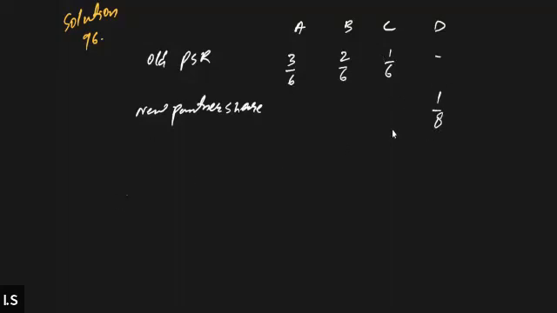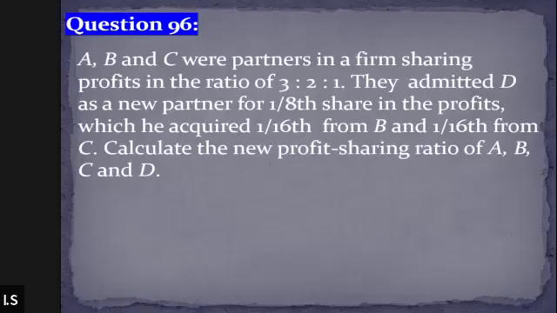Now the question also tells us that D will be acquiring this 1/8 share from B and C in the ratio of 1:1, 1/16 and 1/16. Everybody is able to see that? It is saying that D is admitted as a new partner for 1/8 share in the profits, which he acquired 1/16 from B and 1/16 from C. Is this statement clear to everybody? Yes, sir.